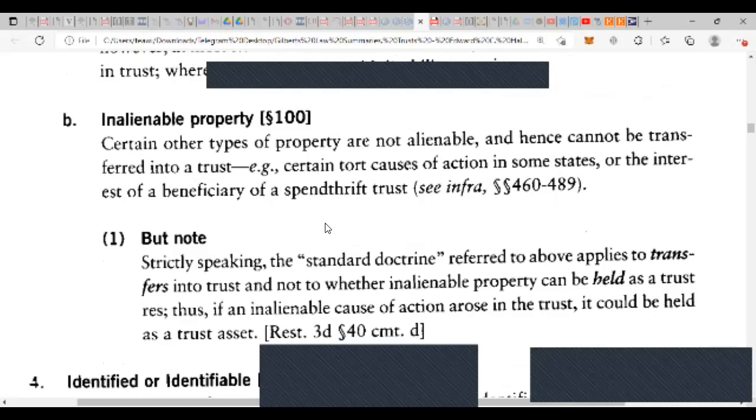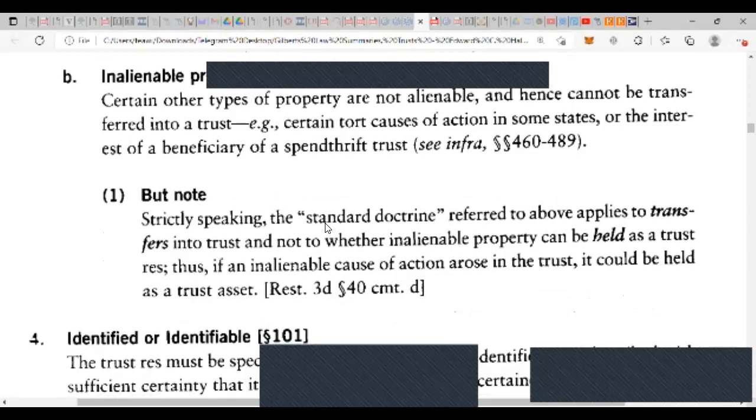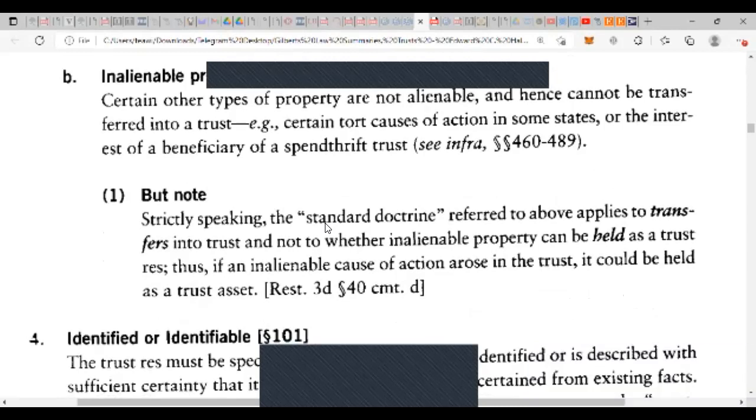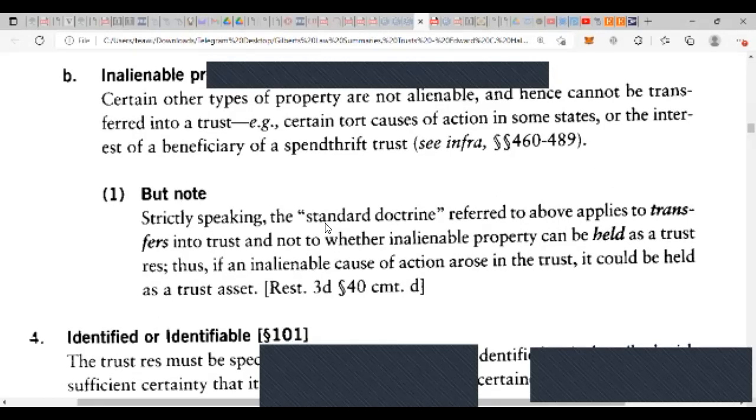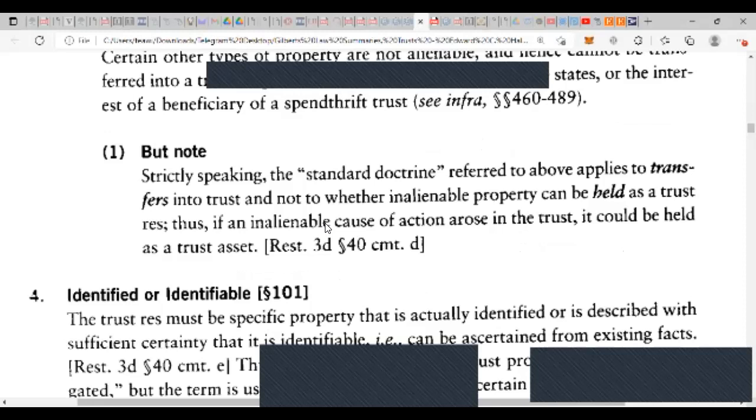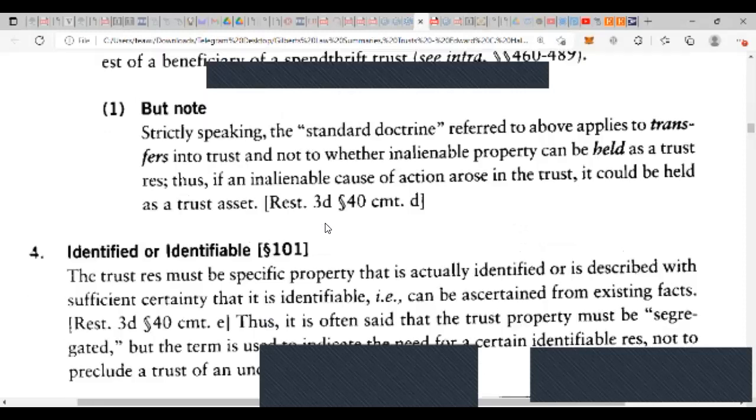B. Inalienable property, Section 100. Certain other types of property are not alienable and hence cannot be transferred into trust, such as certain tort causes of action in some states, or the interest of a beneficiary of a spendthrift trust. See infra Sections 460 through 489.